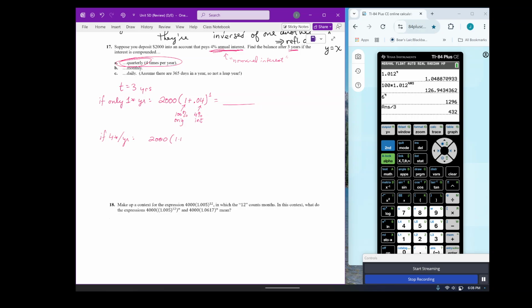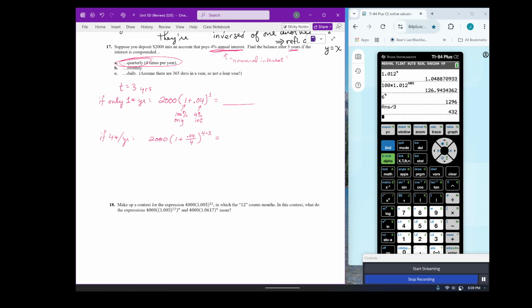What we're really going to do is 4% cut into 4 parts, so 1% 4 times a year. So if I do it for 3 years, it's 4 times 3 up here, because we're really compounding it 12 times, and this is just 1%, 1/4 of 4%.